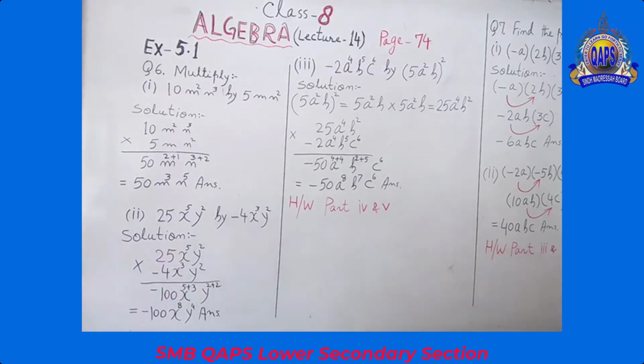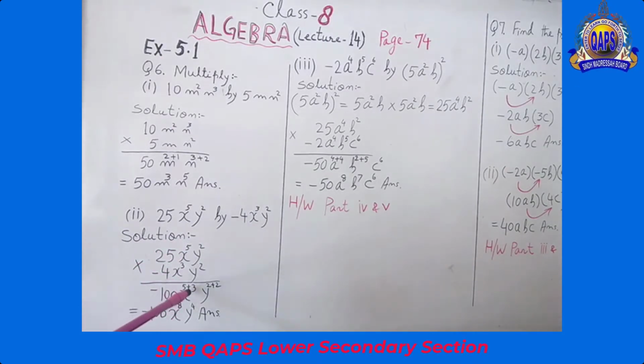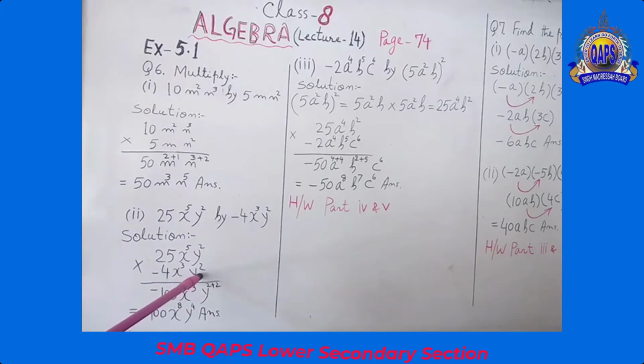When we multiply, power will be added. 5 plus 3. So it will be x power 5 plus 3. y power 2 into y power 2 will be y power 2 plus 2. So answer will be minus 100 x power 8 y power 4.